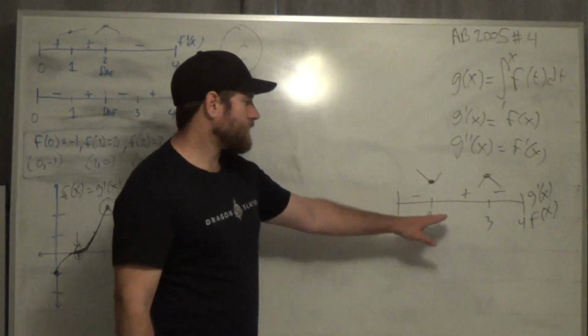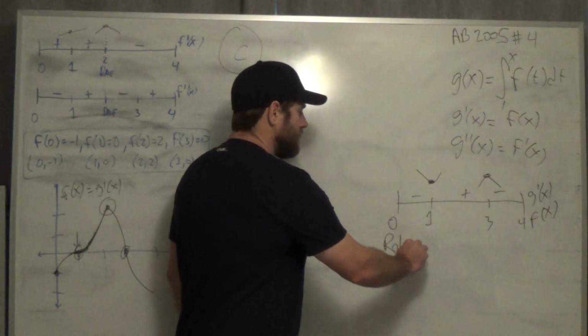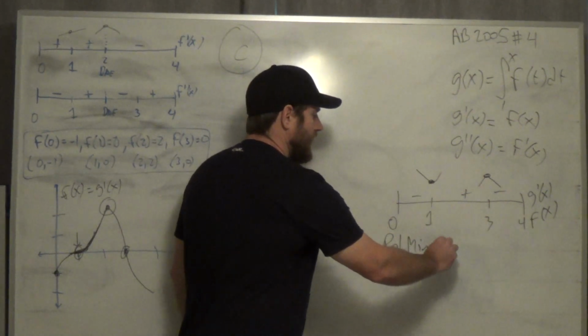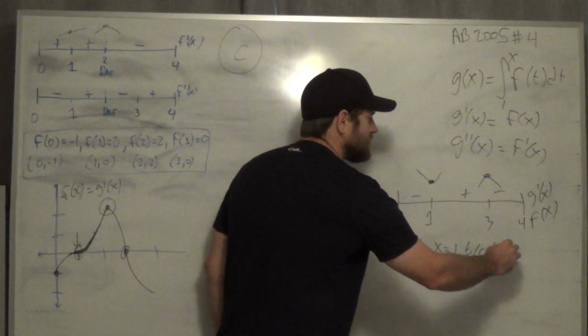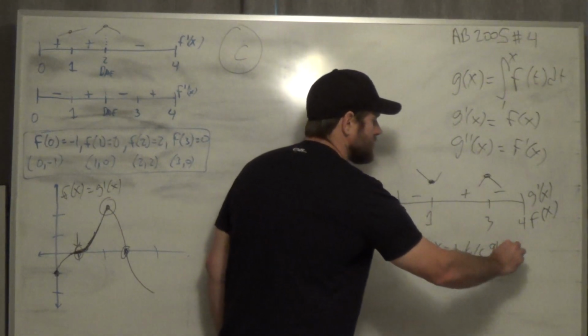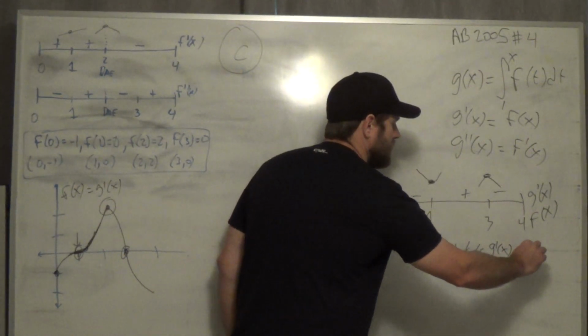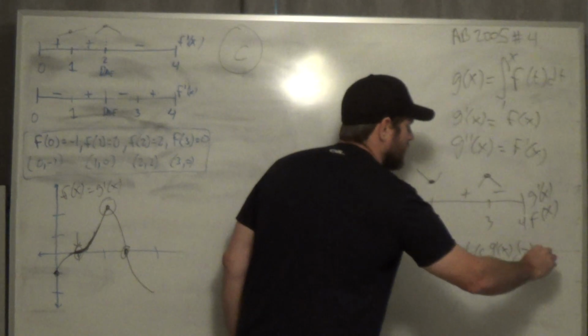So here, I would say there is a relative minimum at x equals 1 because g prime x, I could call it f of x or g prime x, changed from negative to positive.